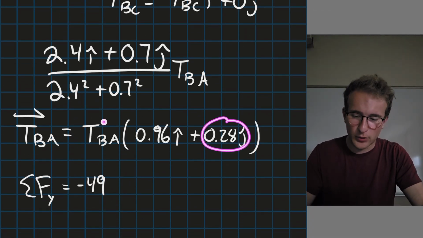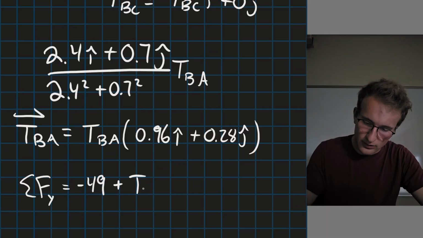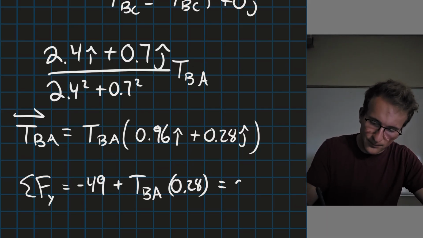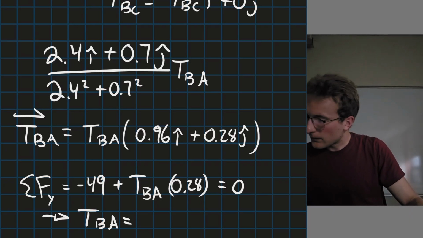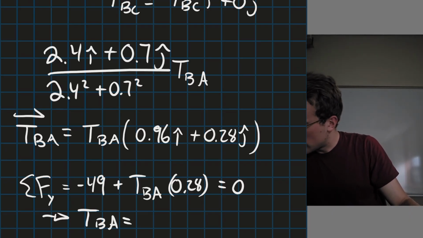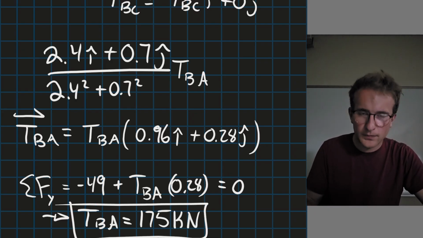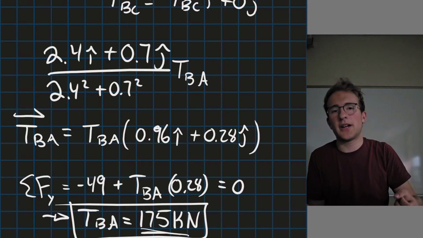That is this, so plus TBA times 0.28. Set that equal to 0. I can solve for the tension, remember, BA. I get that it is equal to 175 kilonewtons. My tension I solved for is positive, so that means the member is actually in tension.